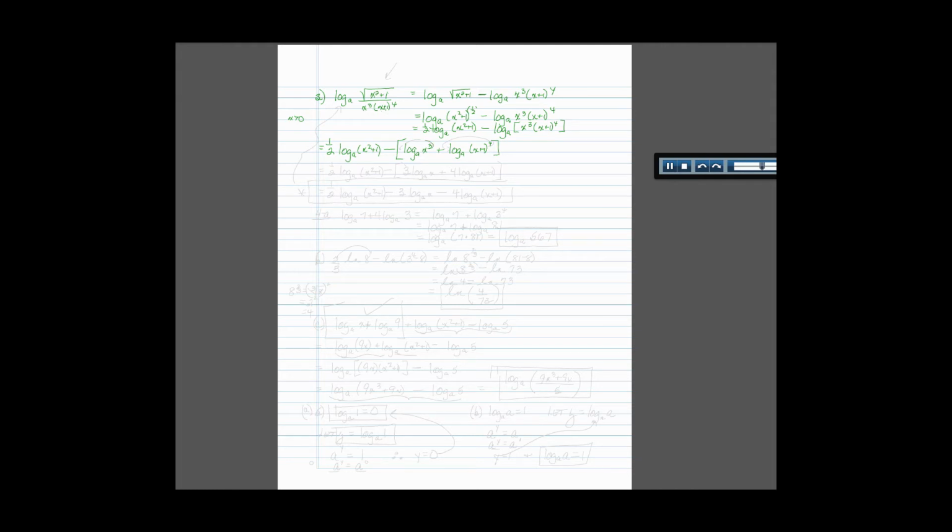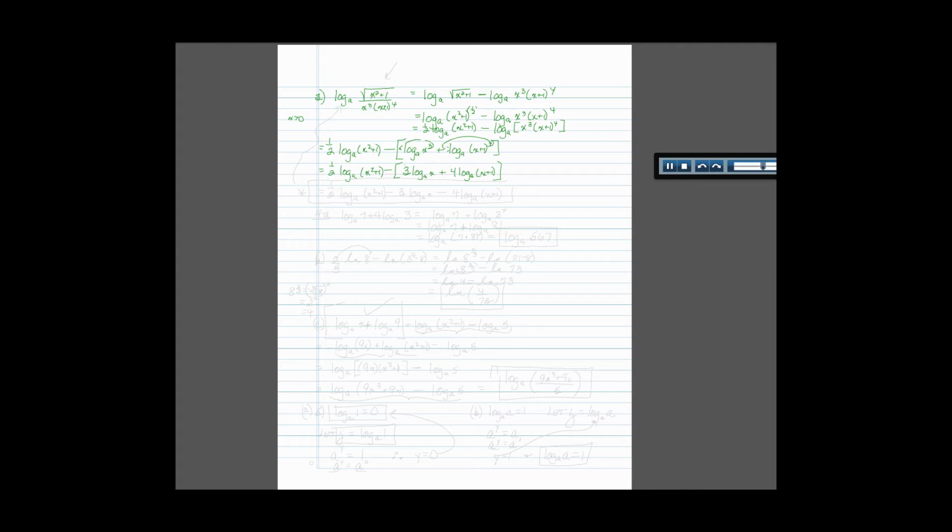So now I can bring this down front and this down front by the power rule. So I've got 1/2 log base a of (x squared plus 1) minus, keep this in brackets, 3 log base a of x plus 4 log base a of (x plus 1).